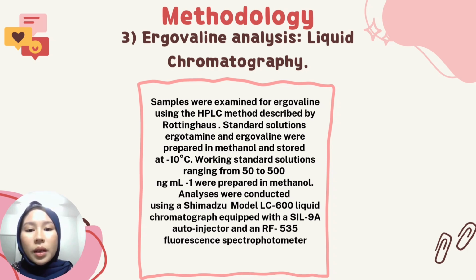The third one is ergovaline analysis, liquid chromatography. Samples were examined for ergovaline using the HPLC method described by Rottinghaus. Standard solutions of ergotamine and ergovaline were prepared in methanol and stored at -10 degrees Celsius. Working standard solutions ranging from 50 to 500 nanograms per milliliter were prepared in methanol.